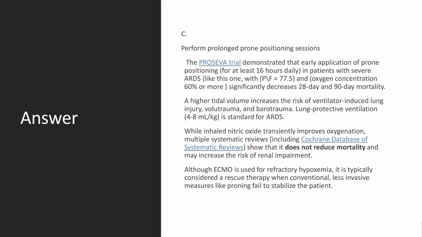Explanation. The PROSEVA trial demonstrated that early application of prone positioning for at least 16 hours daily in patients with severe ARDS, like this one, with PF ratio 77.5 and oxygen concentration 60% or more, significantly decreases 28-day and 90-day mortality.